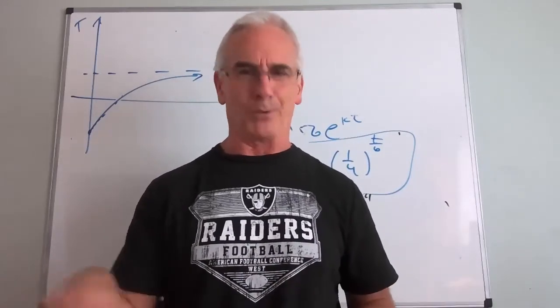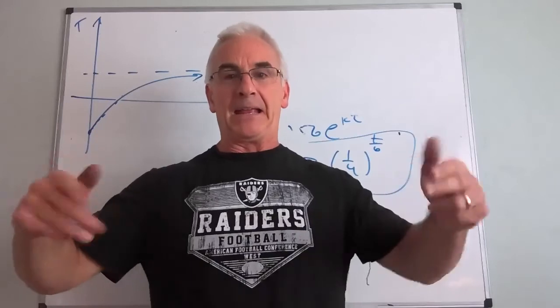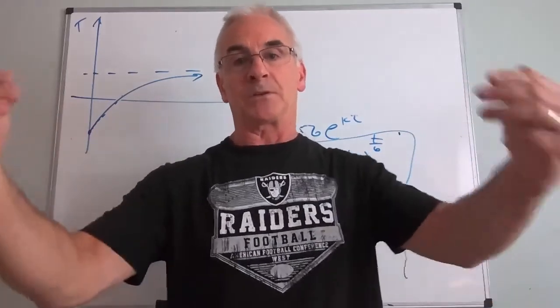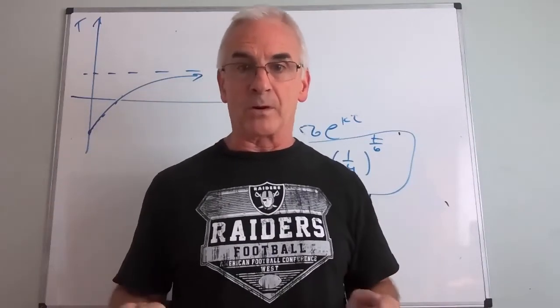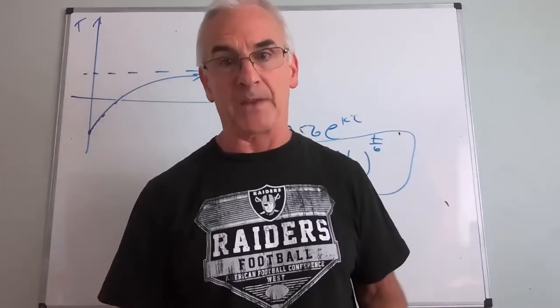And I know what you're thinking. No, it wasn't like that. But in a constant environment temperature house, this is exactly what the coroner does to determine time of death.